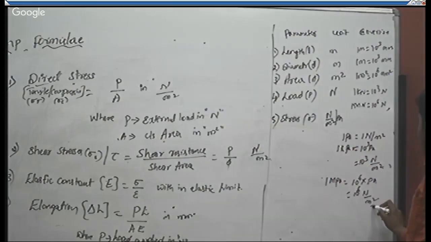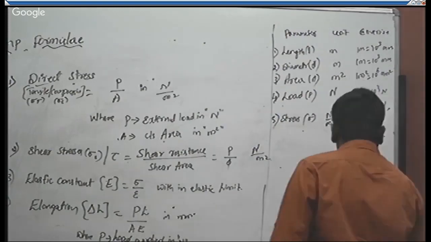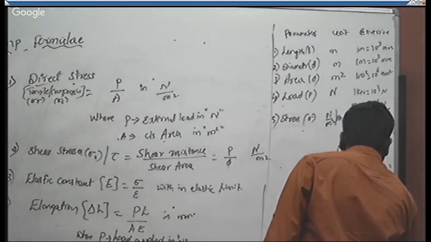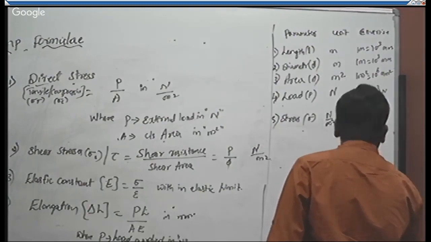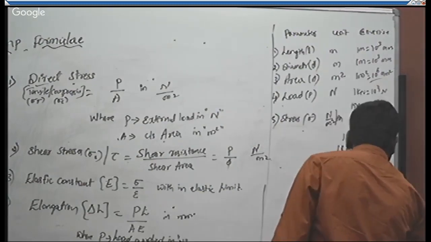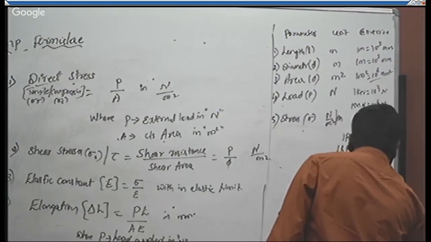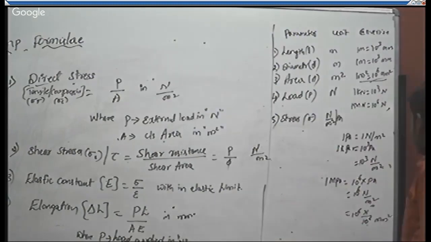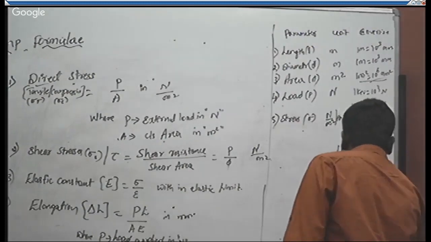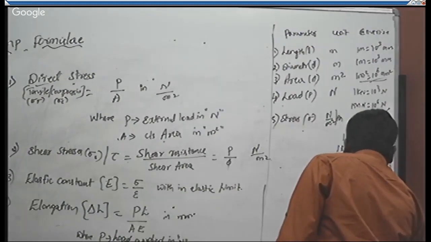When we convert meter square to millimeter square, 1 meter square is equal to 10 power 6 millimeter square, so these two cancel, and it forms Newton per mm square.